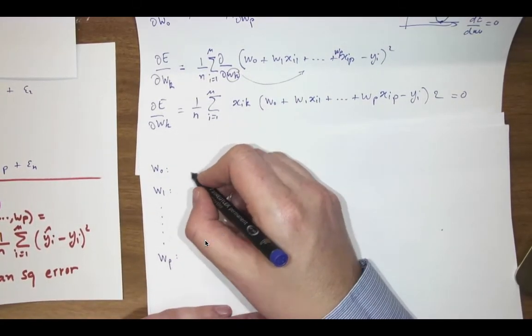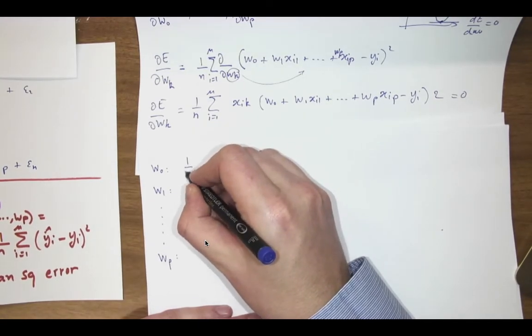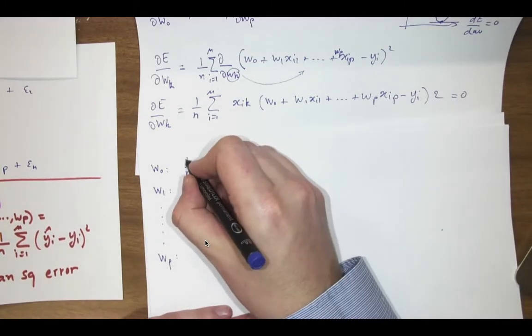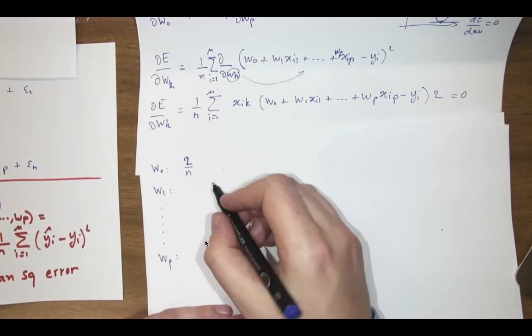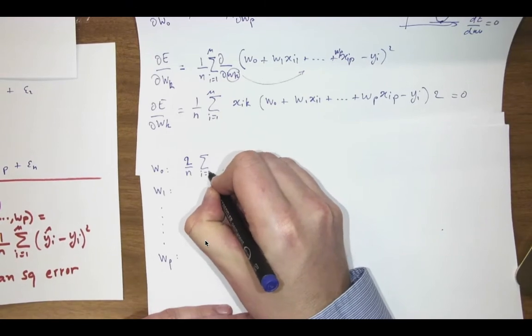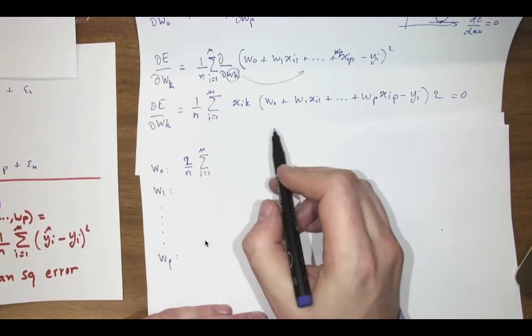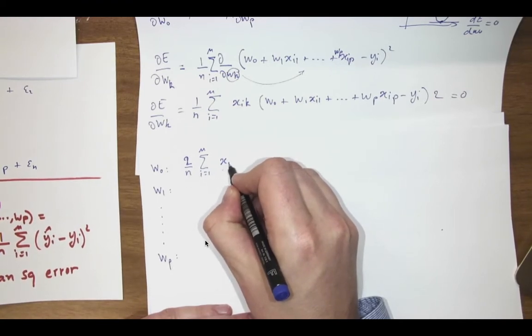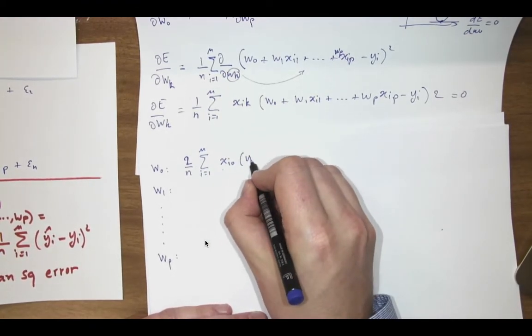So the first one, I'll just write it for you. I'll just put the 2 here in front. So 2 over n of the sum for i equals 1 to n.